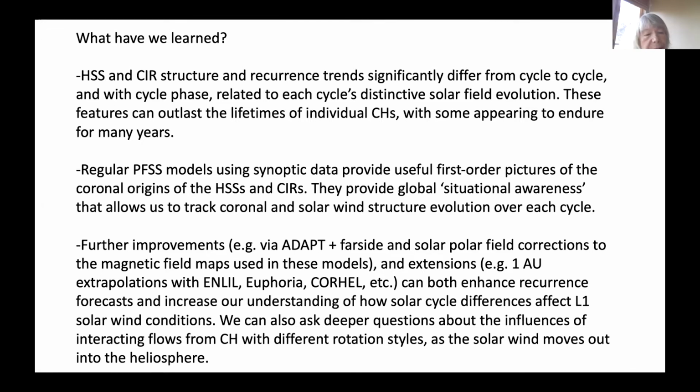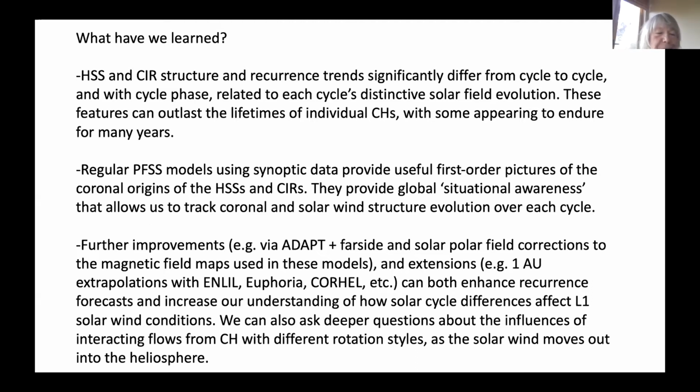But I think these models also bring up the deeper questions of how these various flows that are coming out of the corona are interacting. Some of these coronal holes are rigidly rotating at different speeds than others.